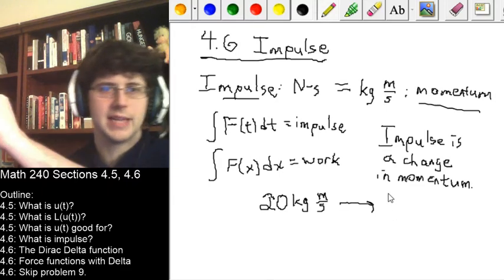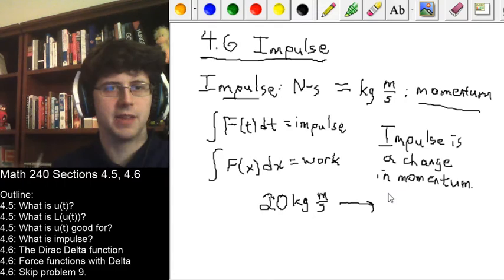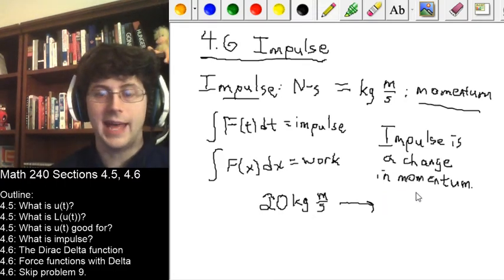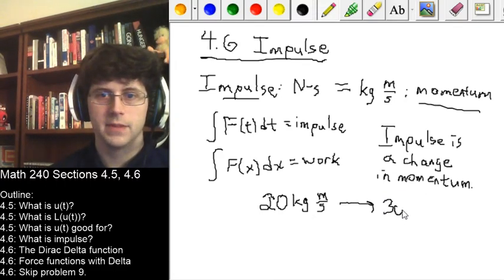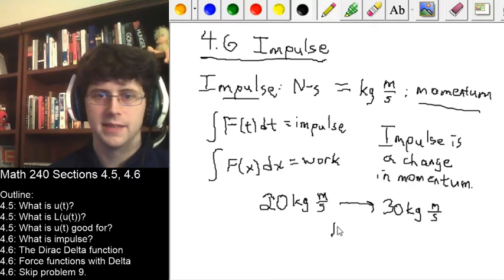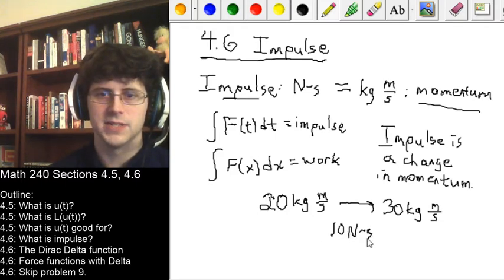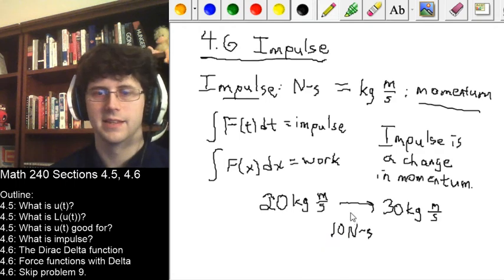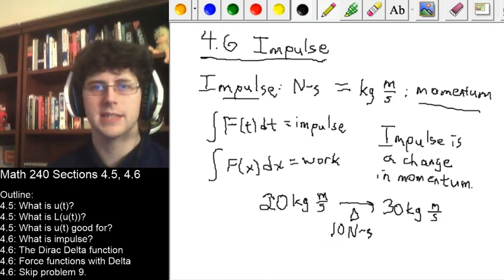It's going past you at 2 meters per second, and then you whack it with a hammer and it speeds up. You added momentum to it. This amount of momentum that you added to it, that's an impulse. An impulse of 10 Newton seconds is the change. So that's how we're going to think about impulse.